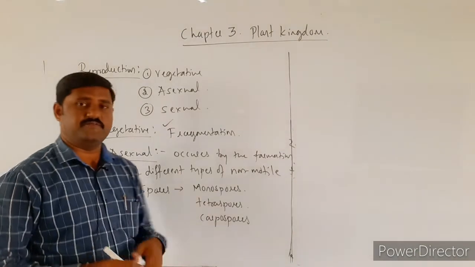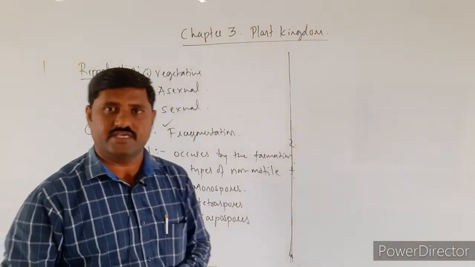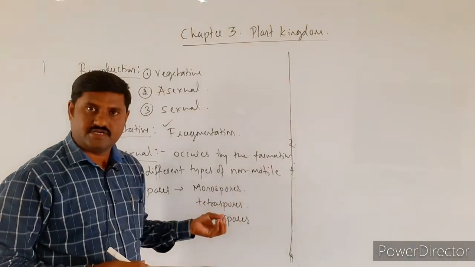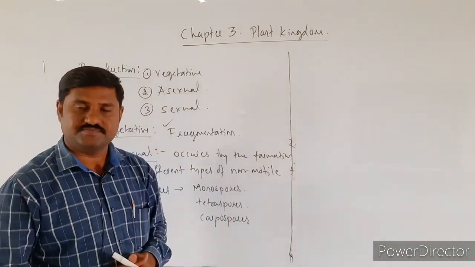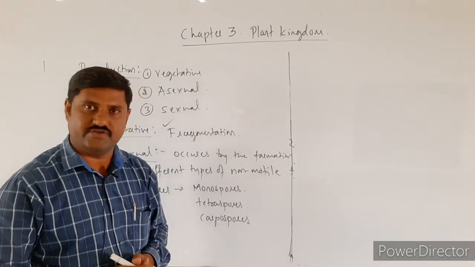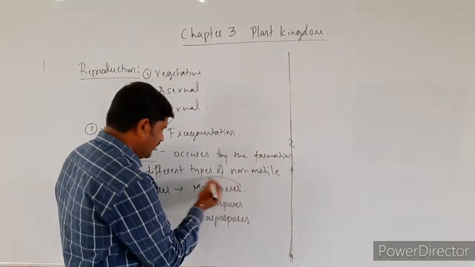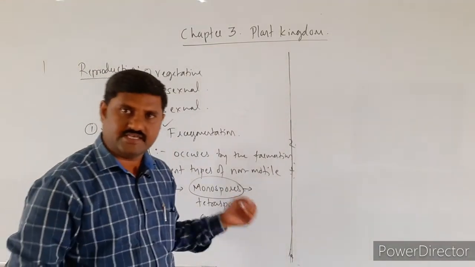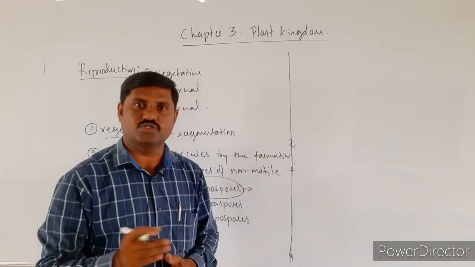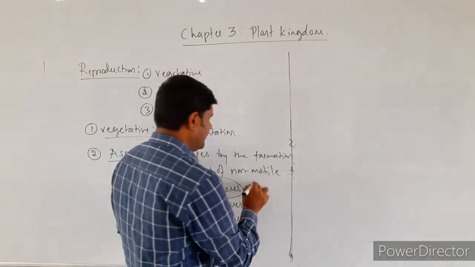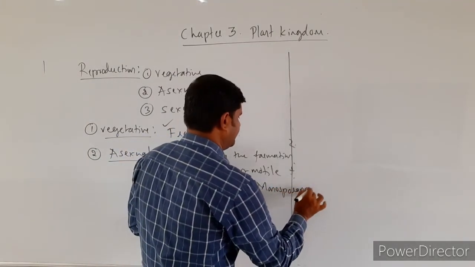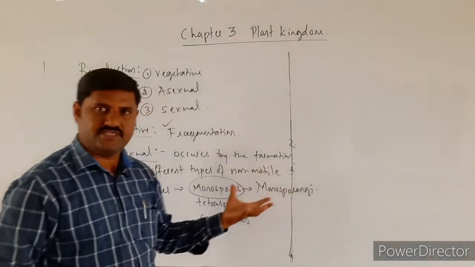These different types of spores are formed over here, and these spores come out of the sporangium and grow into new individual. Monospores are usually singly formed inside monosporangia, right? One sporangium is there.